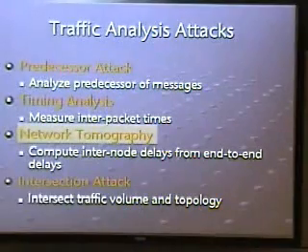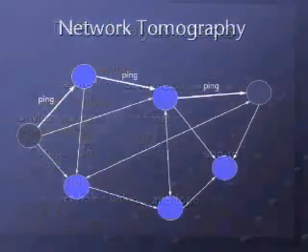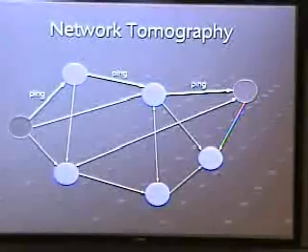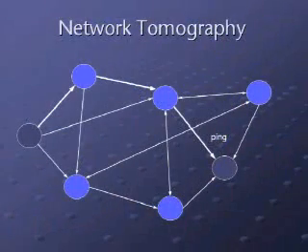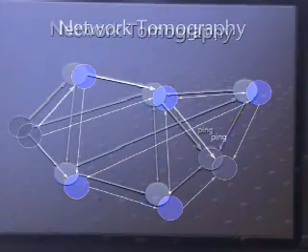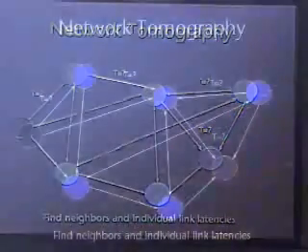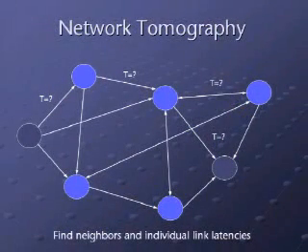So the third attack is network tomography. We do just pings between 2 random nodes in the network and then pick a different pair. And at the end, we want to know what the latencies between the nodes are.